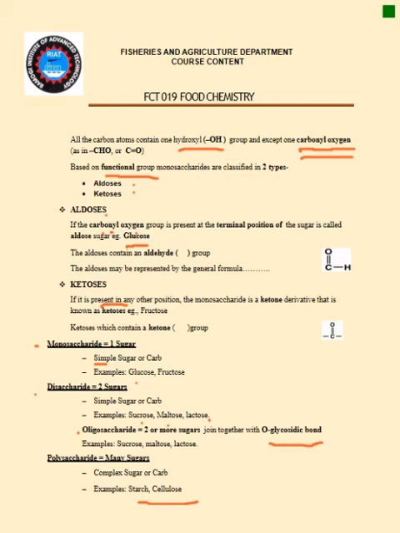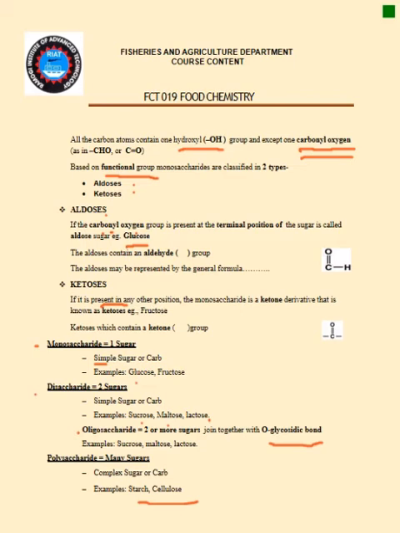Then there's also another important thing to note here: oligosaccharides. Oligosaccharides is a carbohydrate with two or more sugars, or two or more monosaccharides in it. However, these sugars are joined together with a bond known as O-glycosidic bond.